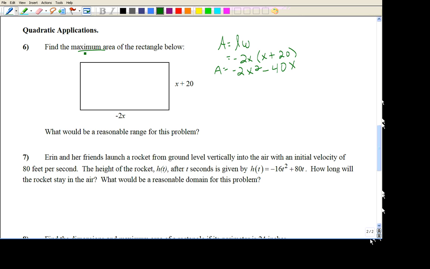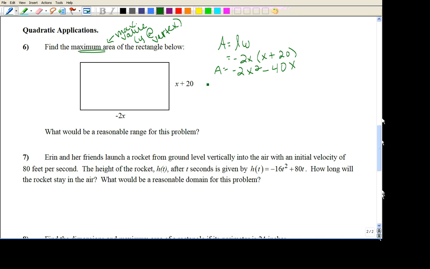Well, it's asking for the maximum area. And if you look at our function, area, we could replace that with y equals or f of x equals. So if we're looking for the maximum area, we're looking for the maximum value, which remember is just the y value at the vertex.